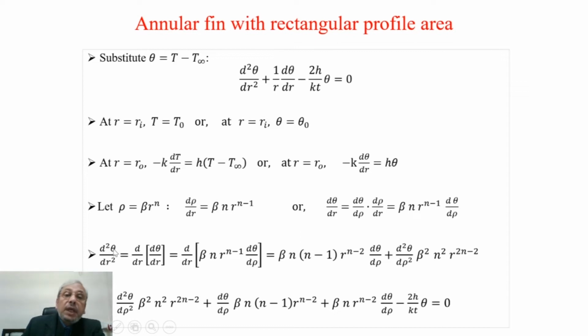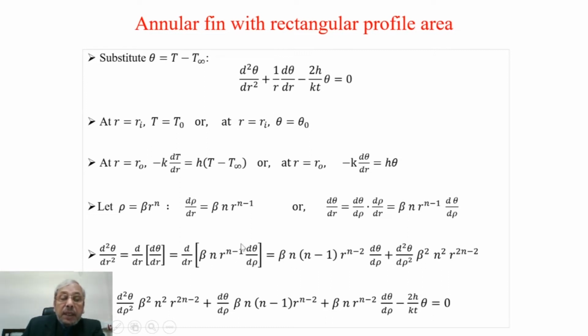Then d2 theta by dr2, again we write as d by dr of d theta by dr. So d by dr of whatever we have gotten as d theta by dr, we write that as beta n r to the power n minus 1 d theta by d rho.